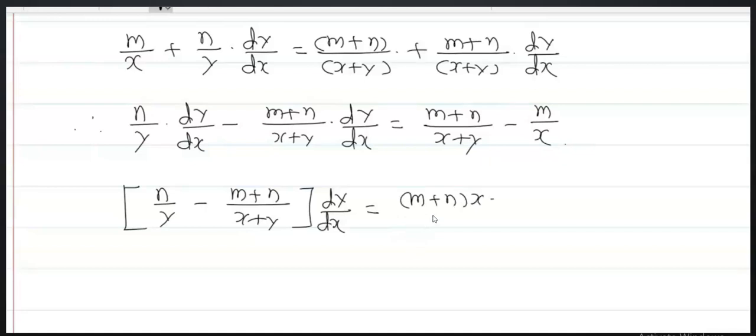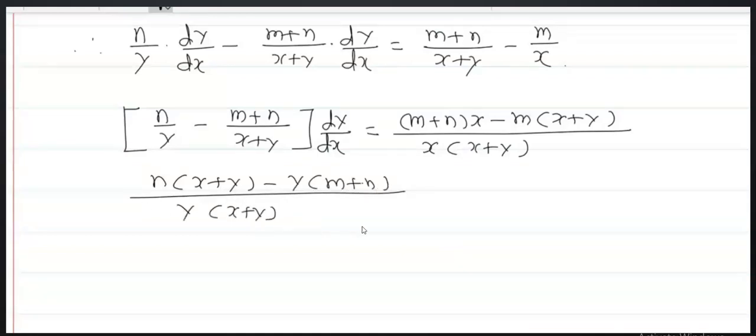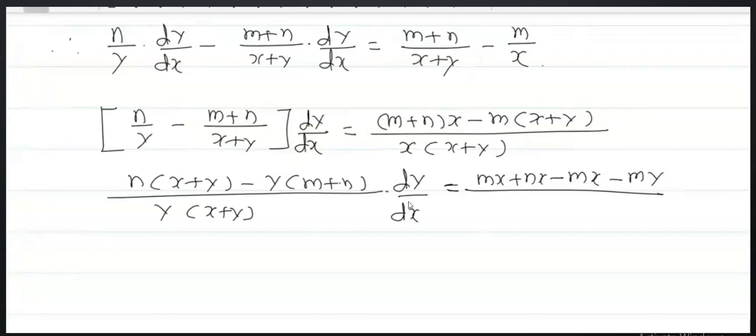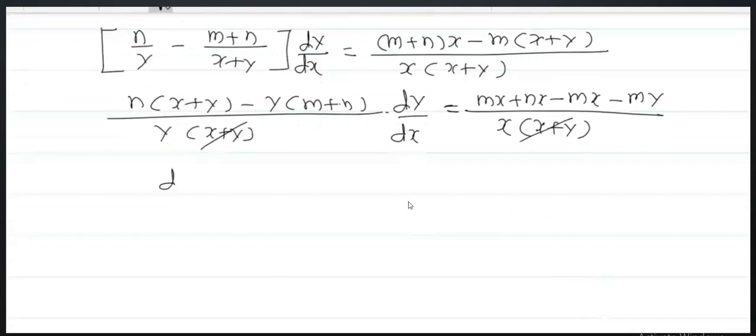And this is, by cross multiplication, [n into (x plus y) minus y into (m plus n)] upon [y into (x plus y)] into dy by dx, which is equal to [(m plus n) into x minus m into (x plus y)] upon [x into (x plus y)], that is mx plus nx minus mx minus my upon x into (x plus y). Now (x plus y) on both sides gets cancelled.